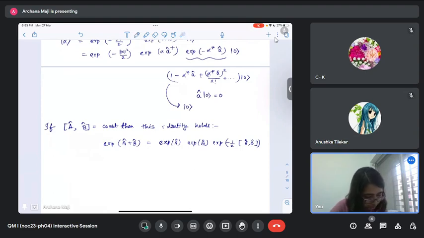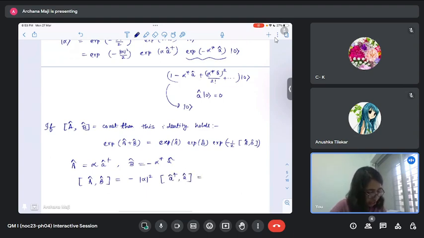In this equation, what are A and B for us? Capital A for us is alpha a dagger, and capital B is minus alpha star a. So what is the commutator of A and B? It's minus mod alpha squared times the commutator of a dagger and a, and that commutator is minus 1, so it's mod alpha squared.